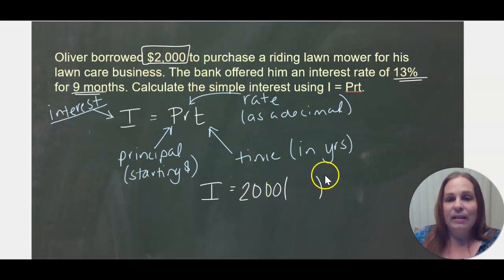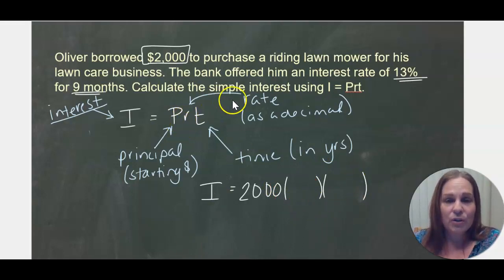And then I need to multiply by R and by T. So R is my rate as a decimal. 13% is 13 hundredths, which is 0.13. So that's my rate.